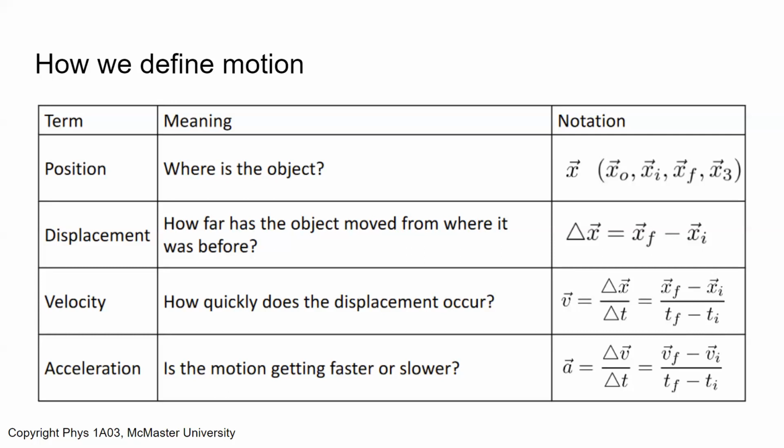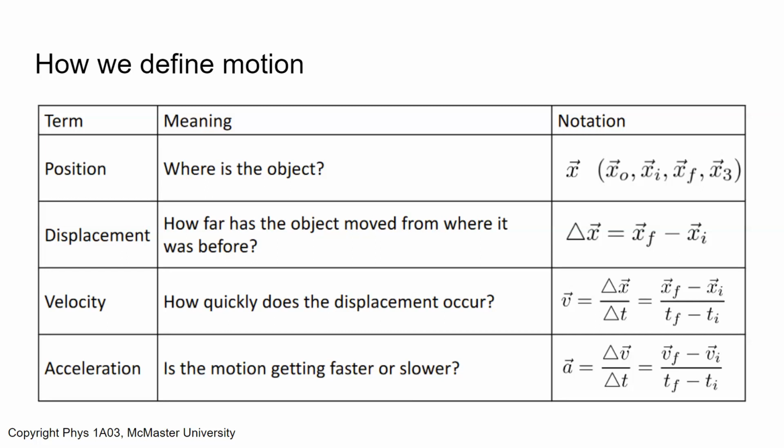Displacement, we'll go through another example on the next slide, I believe, but it's basically asking how far an object has moved relative to where it was before. So the notation also is very important. Sorry, for position, it's just an x with a vector above it. And then for displacement, there's a delta, that x with a vector. So this is the final position minus the initial position.